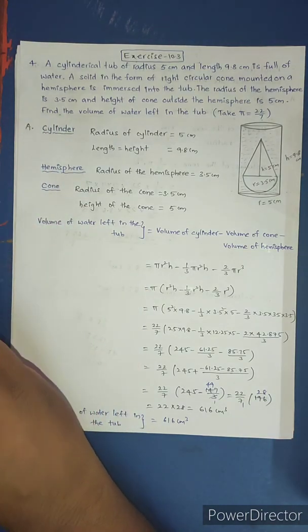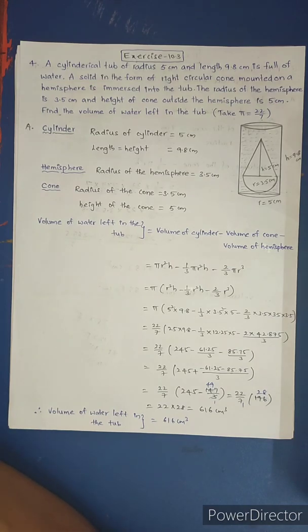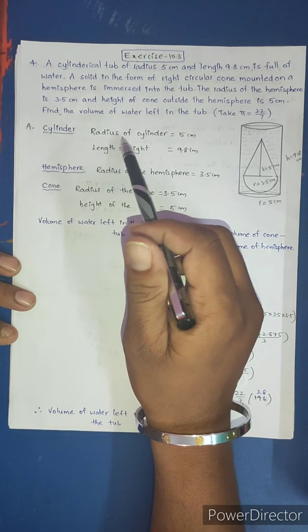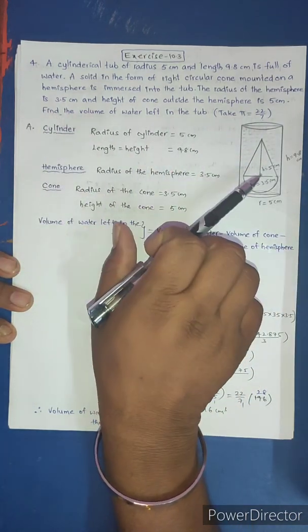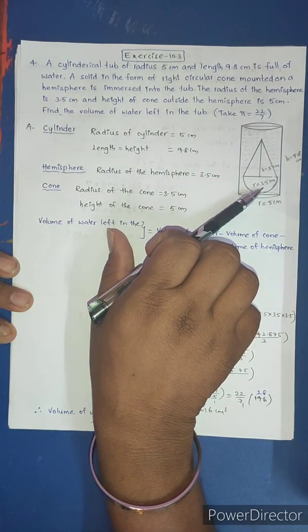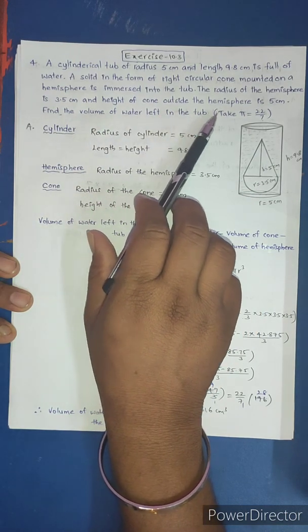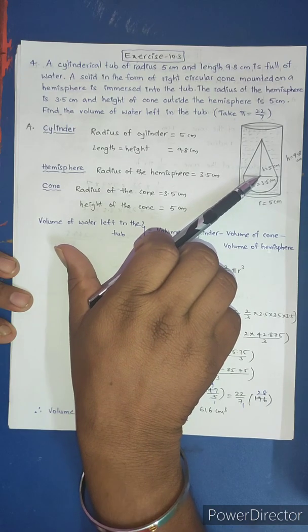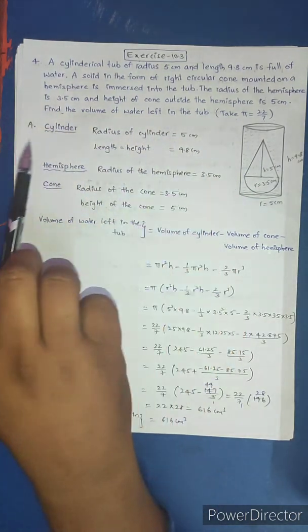This toy or this shape immersed into the tub means that the specific shape in the tub having water. The radius of the hemisphere is 3.5 centimeter. This hemisphere radius is 3.5 centimeter and the height of the cone outside the hemisphere is 5 centimeter. This 5 centimeter. Find the volume of water left in the tub.